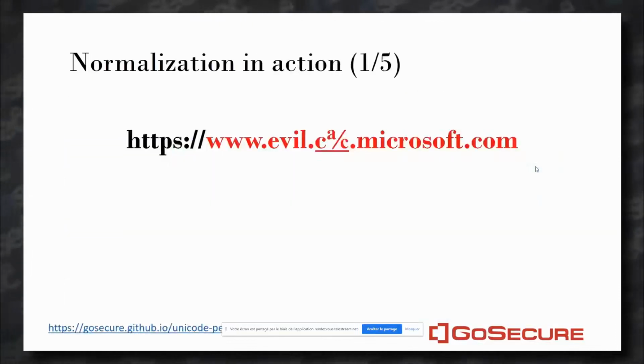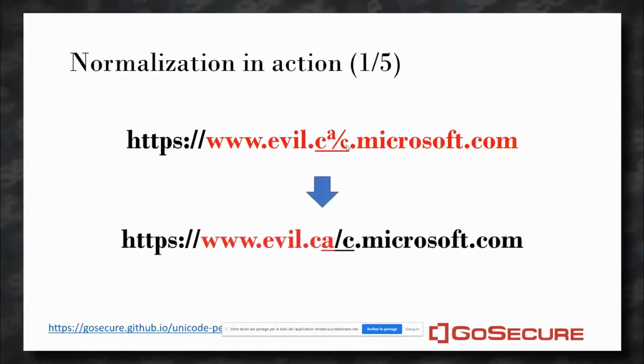And we have this very visual example where we're going to do maybe a redirection, maybe for OAuth 2, and we're validating that the domain to which we're redirecting is only a subdomain of Microsoft.com. The thing is, the attacker will use a Unicode character here, a single Unicode character that represents A/C.